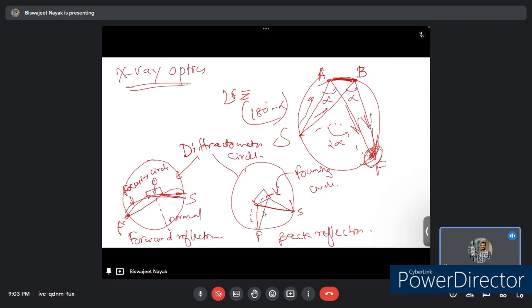This applies to a flat specimen used in theta-theta, also termed Bragg-Brentano diffractometers.